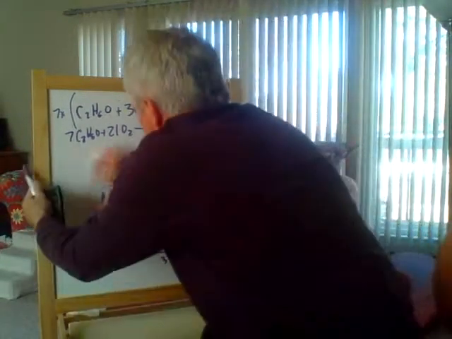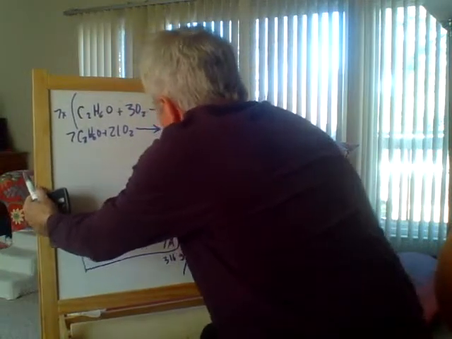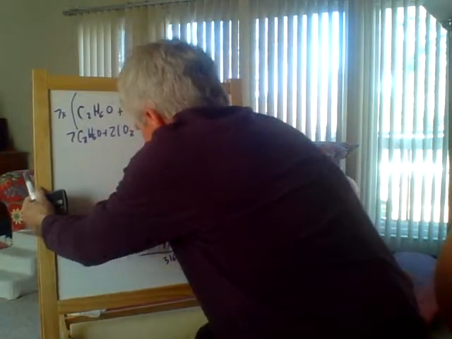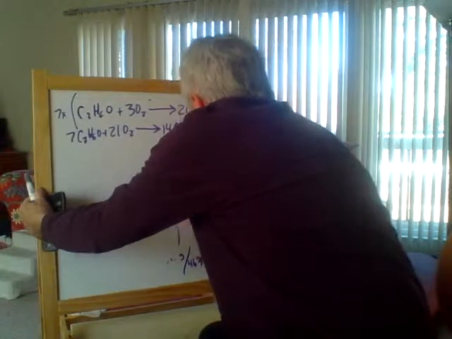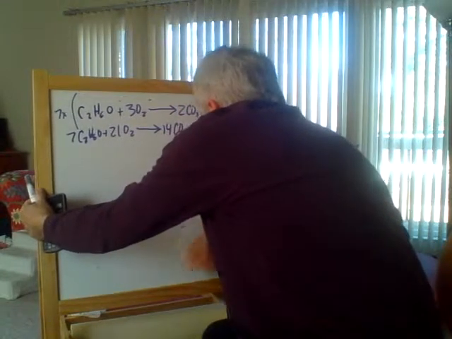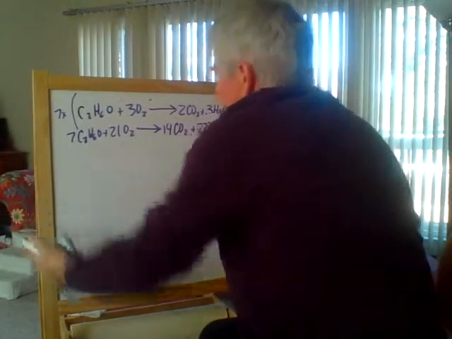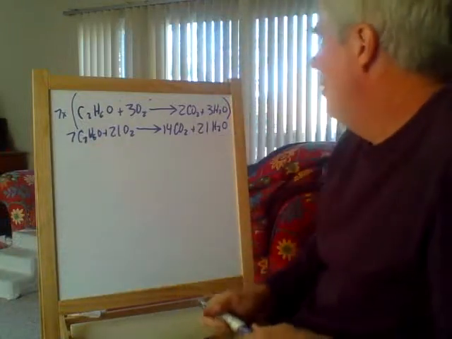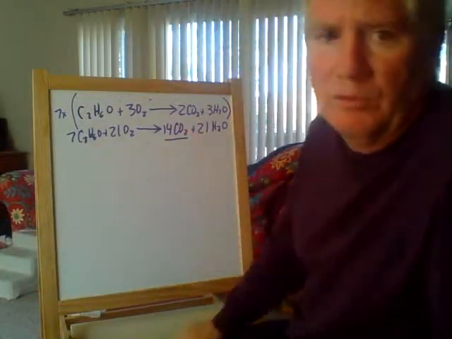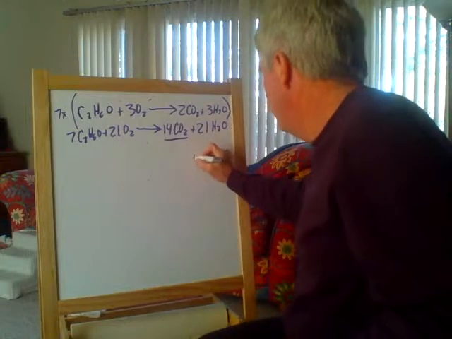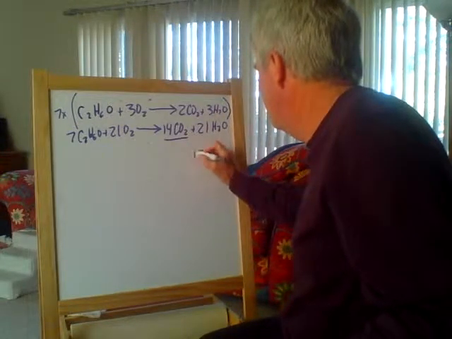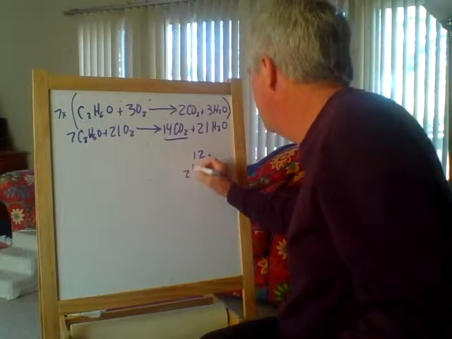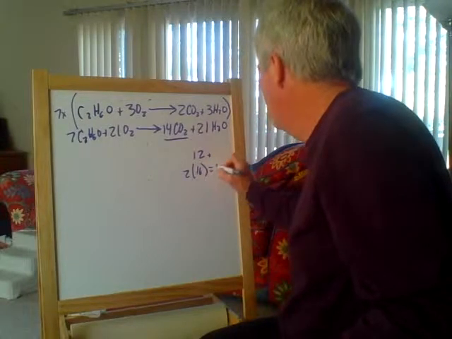So now that we have this nice little stoichiometry equation with 7, it's easy to answer the question of how much CO2. When you burn 7 moles of ethanol, you end up with 14 moles of CO2. We already know the molar mass of CO2 is 12 plus 2 times 16, which is 44.